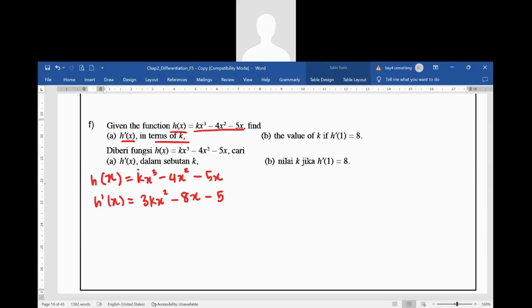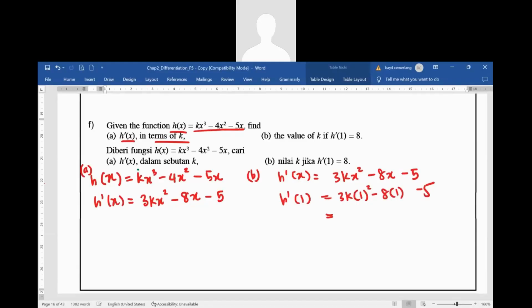And then the second question: find the value of k if h prime 1 is equal to 8. We have settled question A, now question B. We know that h prime x is equal to 3kx squared minus 8x minus 5. Now you replace the x with 1. So what do you get?